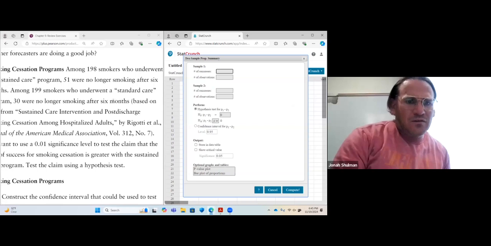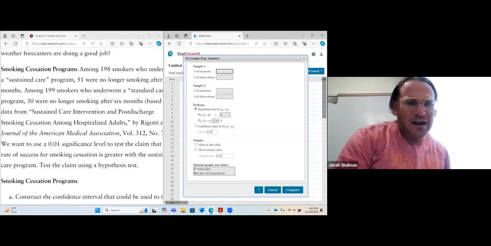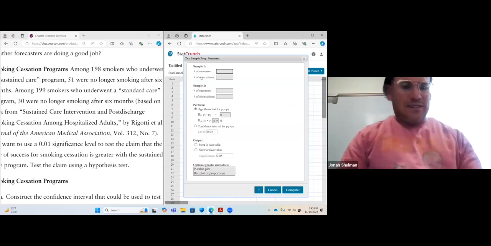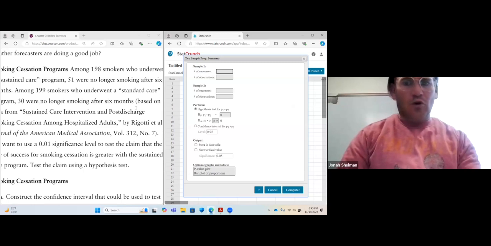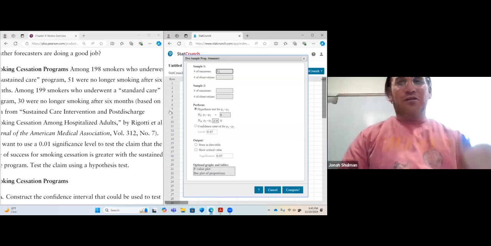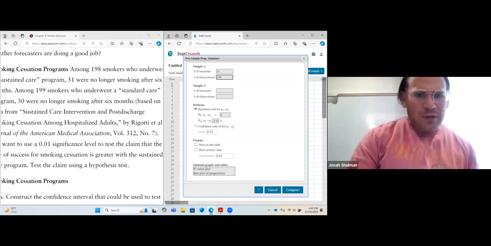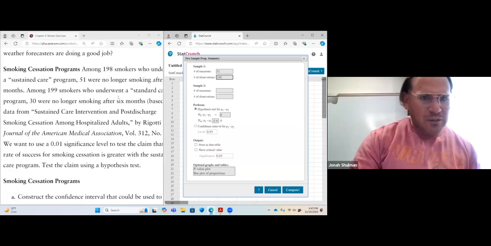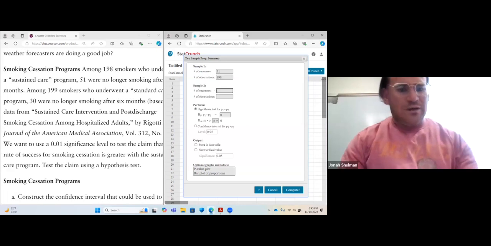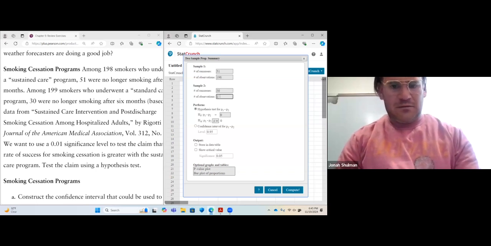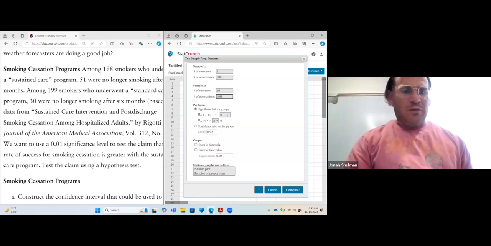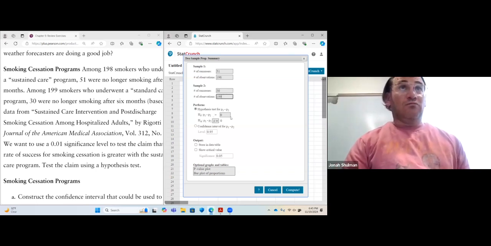Okay, so the first one was sustained care. We got 51 successes, right? Because we want to say no longer smoking is the success. I'm hopeful that's what we want, over 198. And then we have standard care, which is 30 out of 199. Our P1 minus P2 is 0, right?